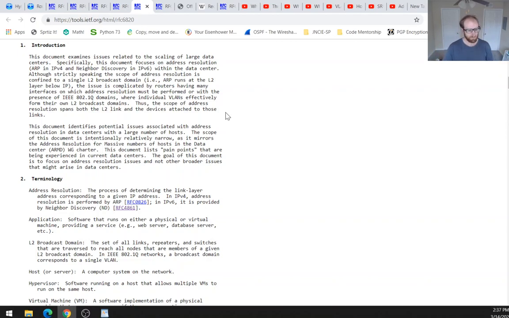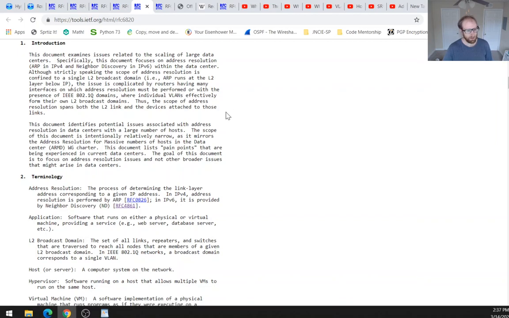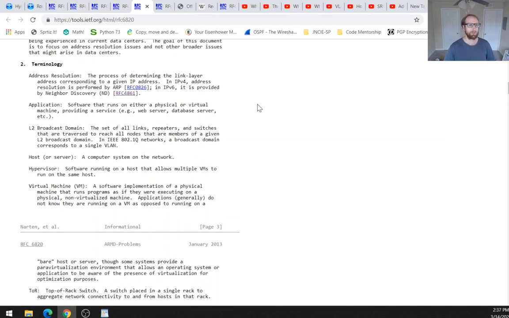Terminology. Address resolution: the process of determining the link layer address corresponding to a given IP address. In IPv4, address resolution is performed by ARP, RFC 826. In IPv6, it is performed by neighbor discovery, ND, RFC 4861.